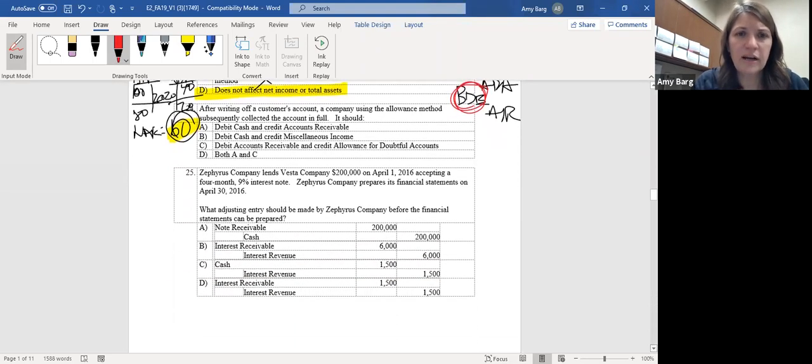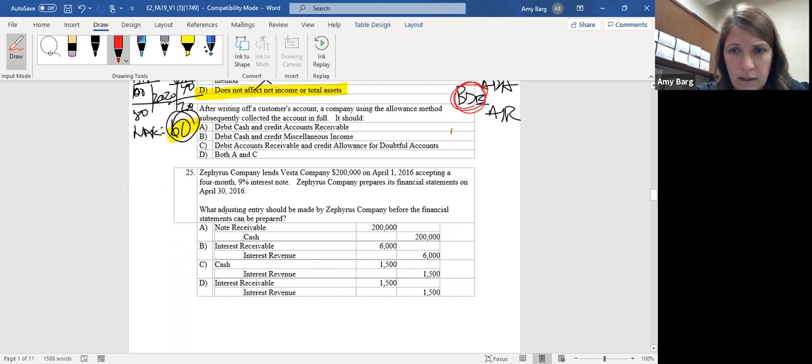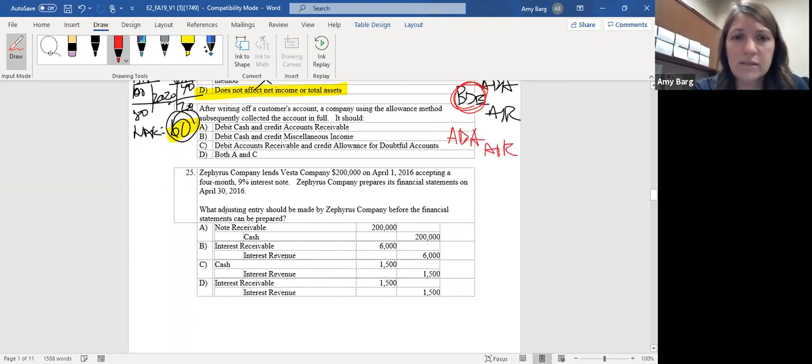So after writing off a customer's account, a company using the allowance method subsequently collected the account in full. It should... Okay, so if we write off an account, we have the allowance for doubtful accounts and then the AR, right? That's how we write off an account. So now it suddenly becomes collectible. So what do we do? The first thing we need to do is put the account back on our books.